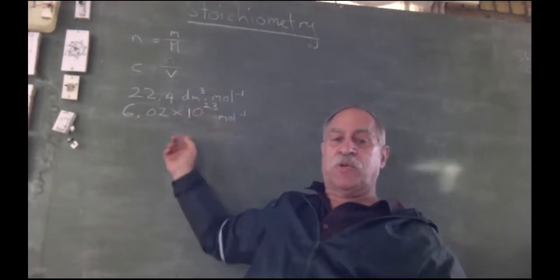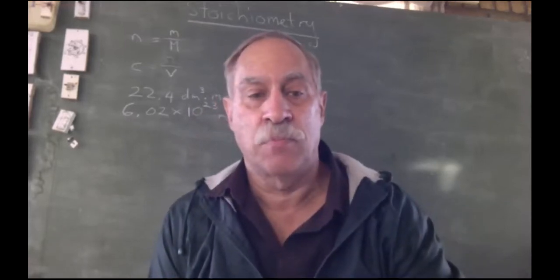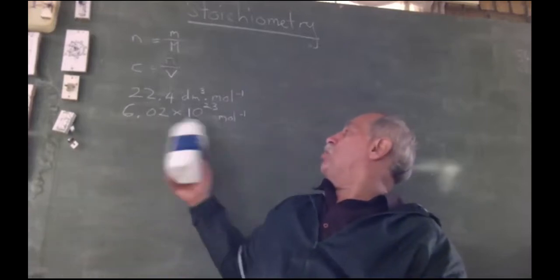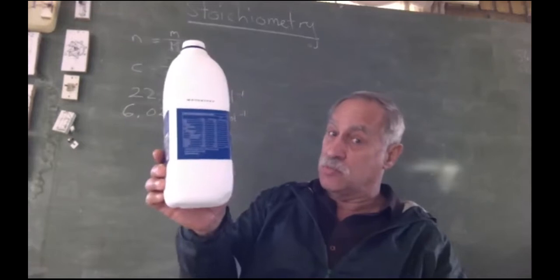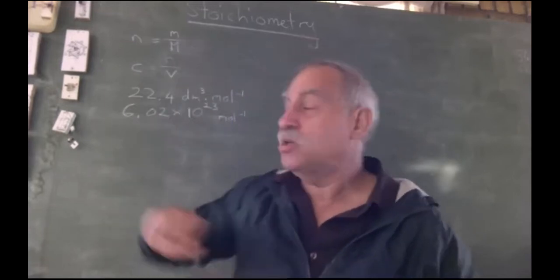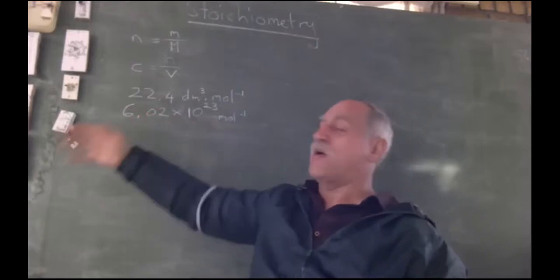Now we call this special number Avogadro's number. So in a mole of air molecules, if you start counting and you count for 1,000 years, you're going to end up with this number, 6 with 23 noughts, and that's called Avogadro's number.